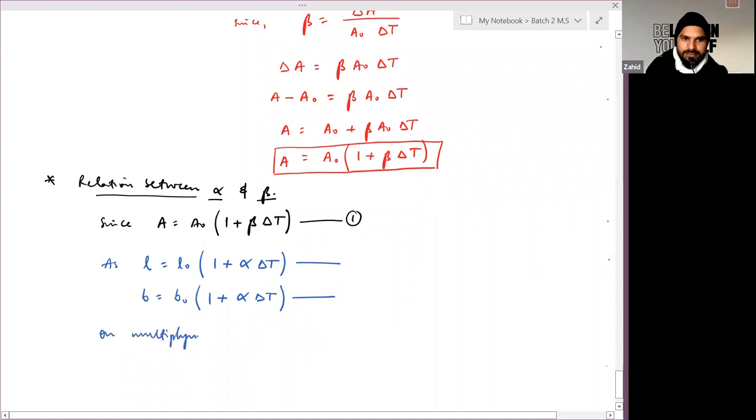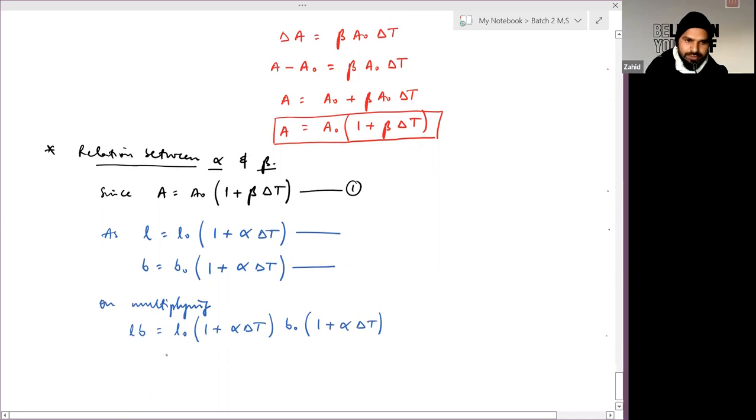On multiplying these two, you'll get L into B equals L naught (1 plus alpha delta T) multiplied by B naught (1 plus alpha delta T).